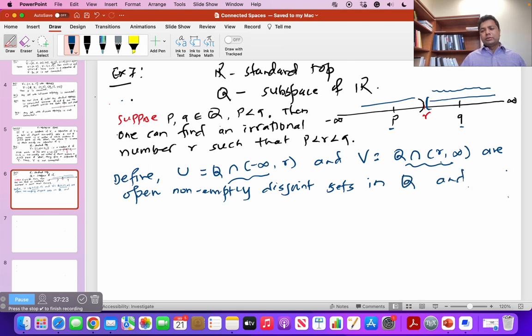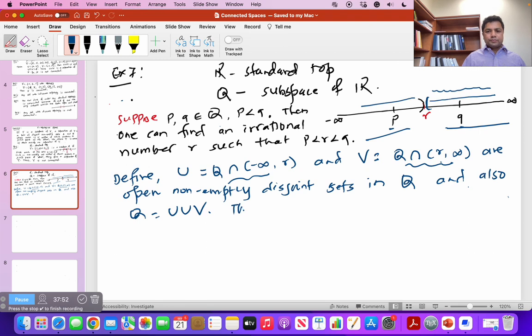Also, Q is the union of these two, because U is the set of all rational numbers on this side and B is the set of all rational numbers on the other side, and their union is the set of all rational numbers. So Q is the union of U and B.